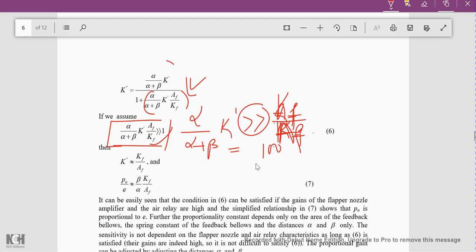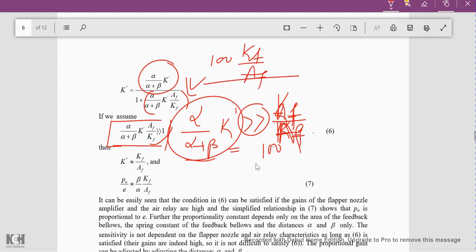So here you see alpha divided by alpha plus beta times k dash. I can replace this now by 100 times kf by af. Also in the denominator we have 1 plus the same thing, 100 times kf by af, times there is another term, af by kf.